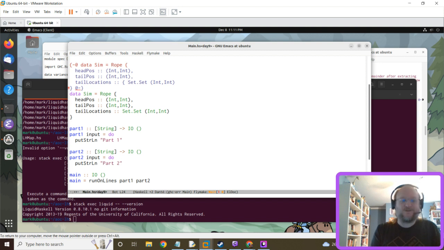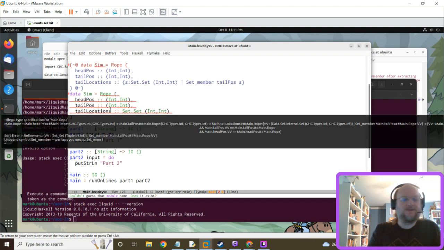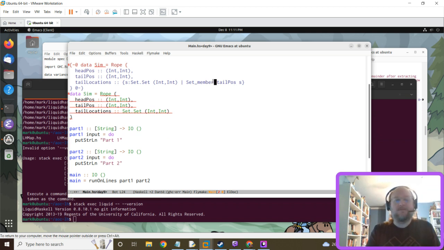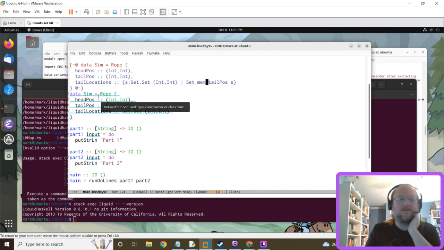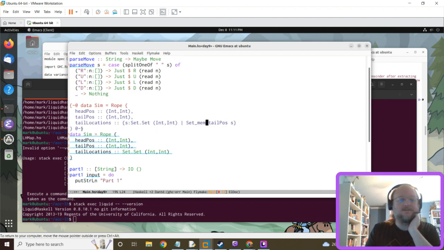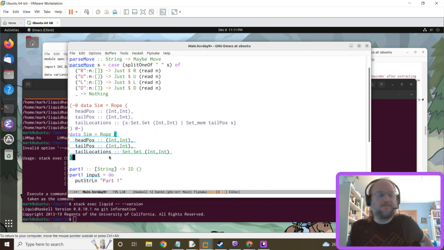That's a fairly minimal invariant, but it's very unhappy already. Set mem. All right, so that's a good start.